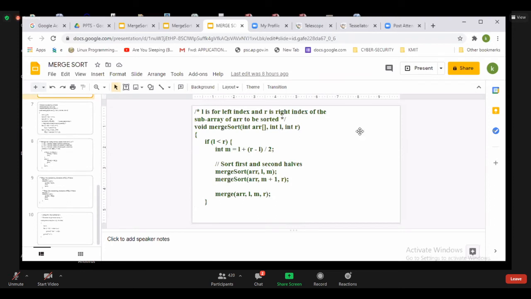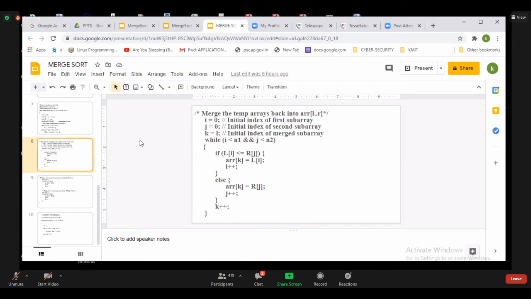Yes, both are same. But we perform the operation in this function only. We are functioning here only.